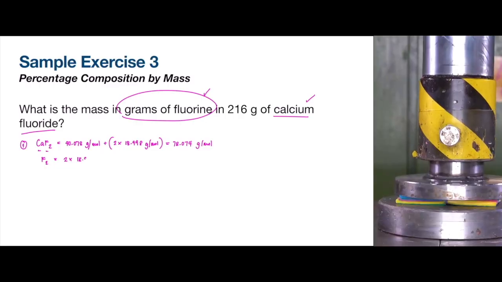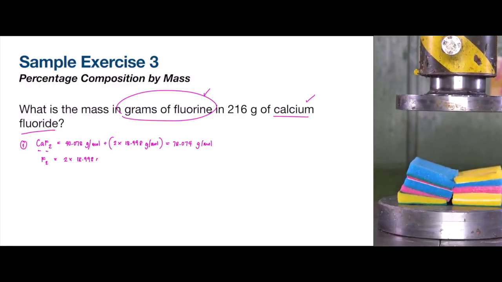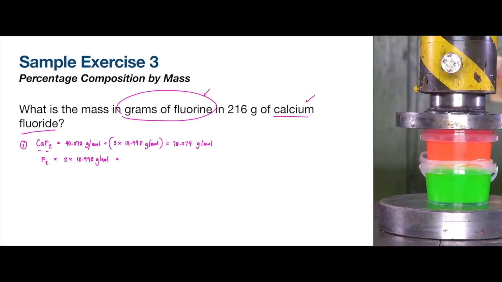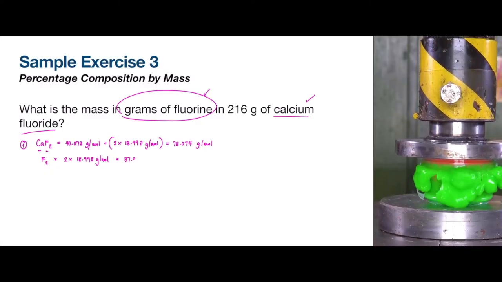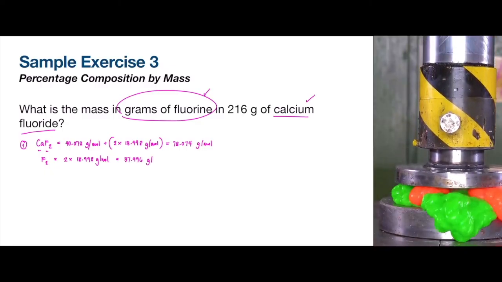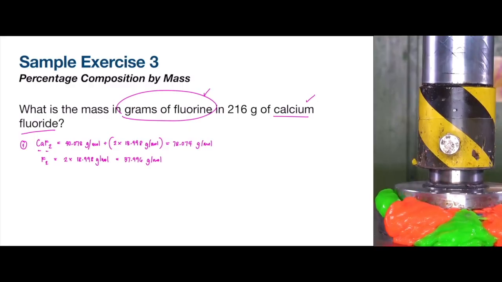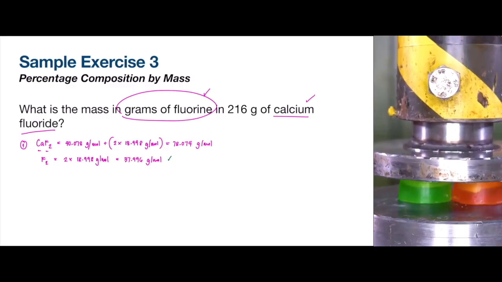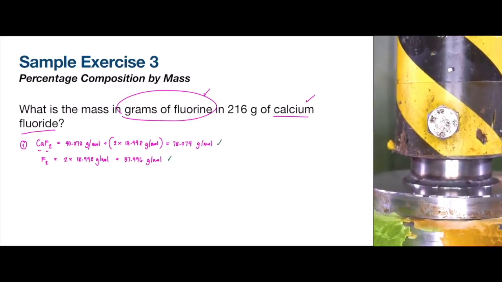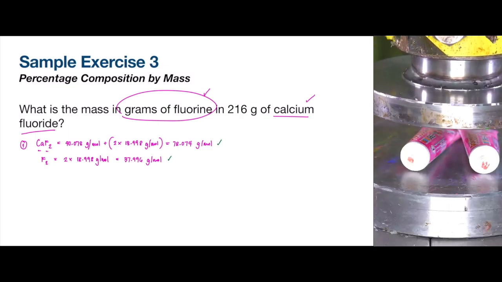On the other hand, the fluorine here, or F2, so that is going to be 2 times 18.998 grams per mole, which is equal to 37.996 grams per mole. Again, we need to get these values because we are trying to solve for the mass percentage of fluorine first.